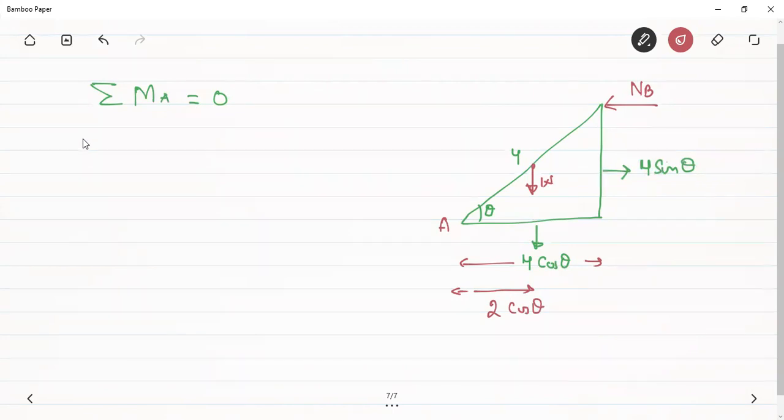NB will create an anti-clockwise moment whose magnitude is NB into 4 sine theta. W will create a clockwise moment, with the opposite sense, therefore W into 2 cos theta. This should be equal to 0.